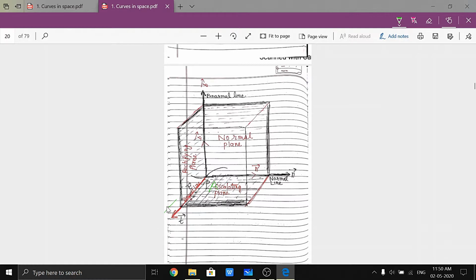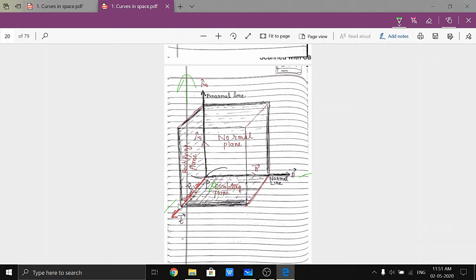That is, your left hand side direction is the T vector, and opposite to the face, this is the N vector. And this direction is the B vector.